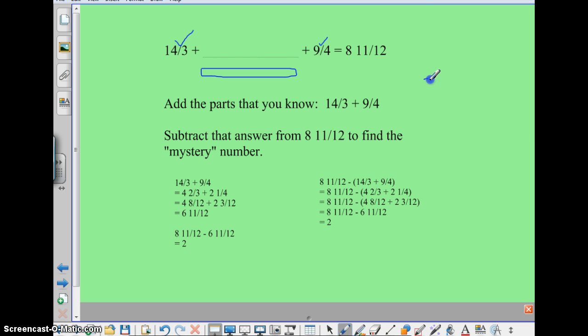Because it would be like this. If you were a little kid, right, and you had 2 plus something equals 5, well, you would eventually take the 2 and subtract it from the 5 to find the answer, right? So we're doing the same exact thing. We're adding these together, and then we're going to subtract it from this to find the answer. So without me wasting time on the video and going through all these steps, you could just look at it. It's done in 2 different ways.